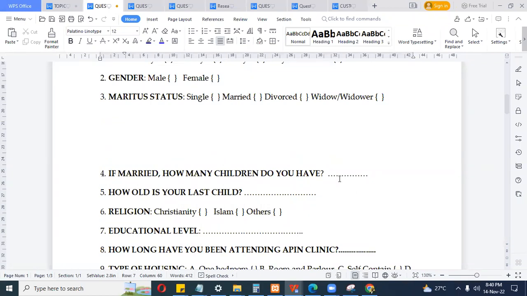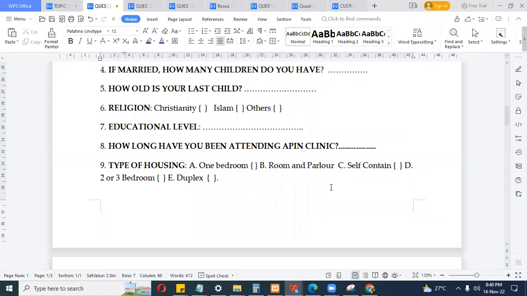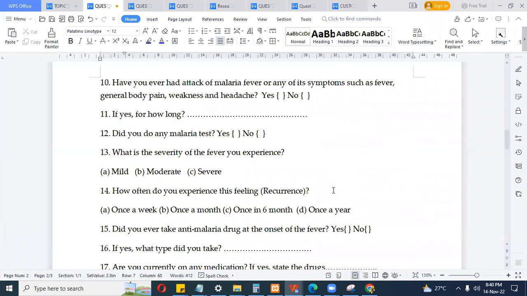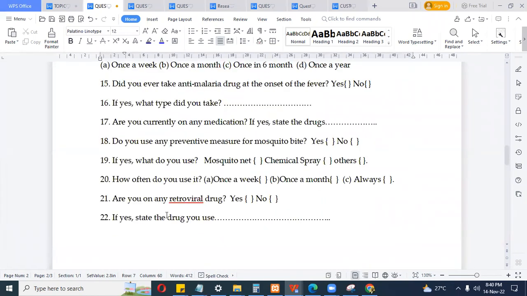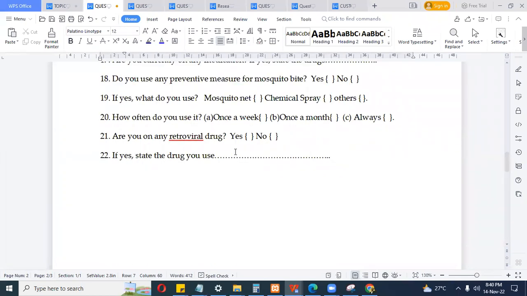They are not going to be objective in the sense that you don't have control over it. So you might be doing a semantic analysis, or a word analysis in terms of frequency of a particular word. If somebody is answering, if yes, state the drug you use, and you left this open-ended, this is not right. For this, you should provide options.